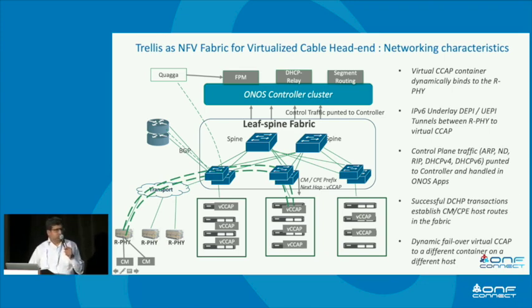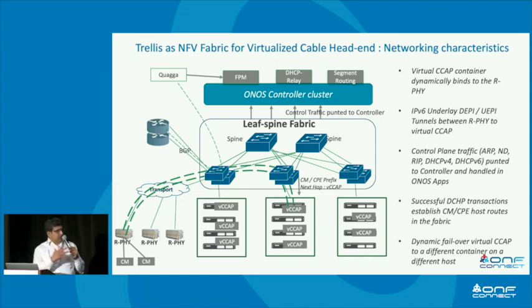All the ARP and ND from all entities that are directly on the underlay will need to be handled, and the DHCPv4 and v6 for the end subscribers, as well as some of the infrastructure elements like RPDs, will need to be managed by the ONOS control plane. On successful DHCP transactions, we have to create routes in the fabric.